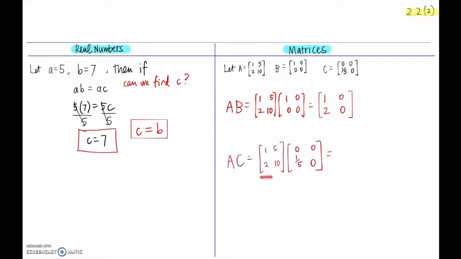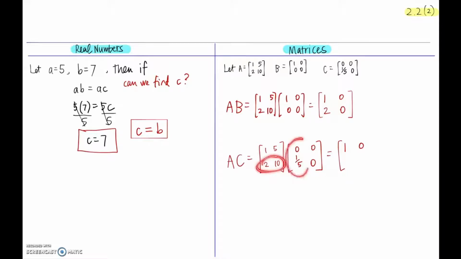Now we're going to look at A times C, and if these were real numbers, we would expect this to be a totally different product than this, because you're multiplying A by a different object. It's not the same thing as B, but we'll see what we get. We see that in this first row, first column, we get 0 plus 5 times 1/5, which is 1. And then this row and this column will get all zeros.